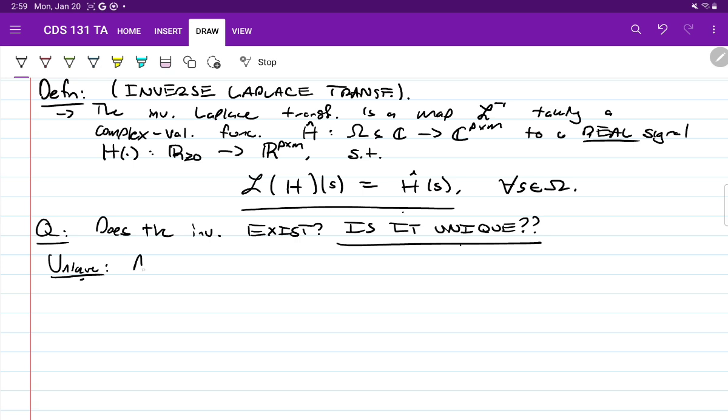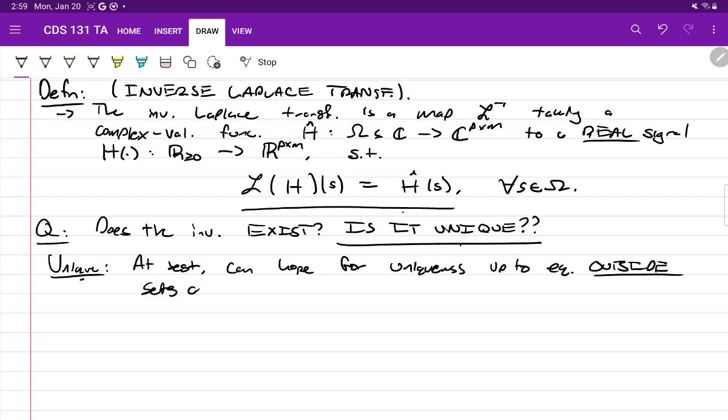So for uniqueness, at best you can hope for uniqueness up to equality outside sets of measure 0.